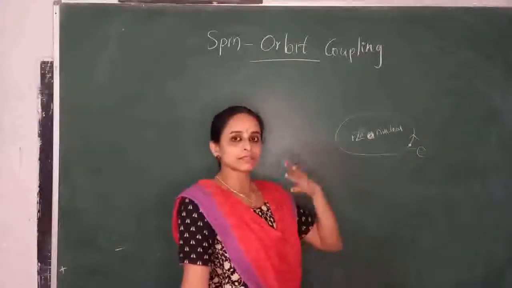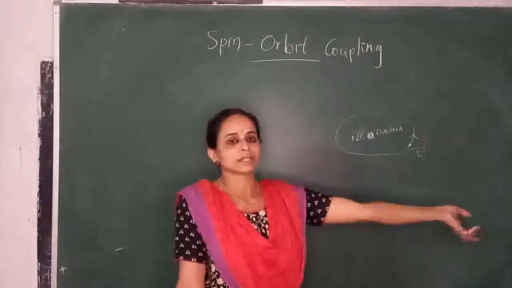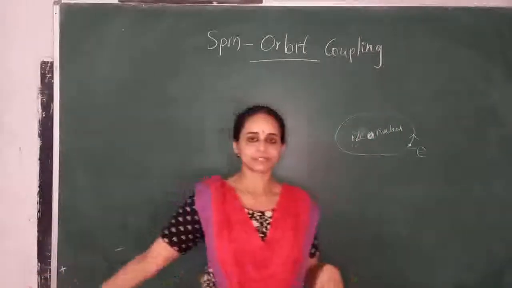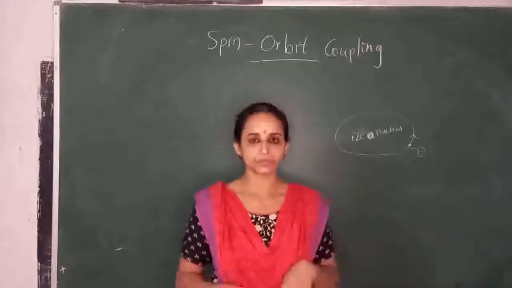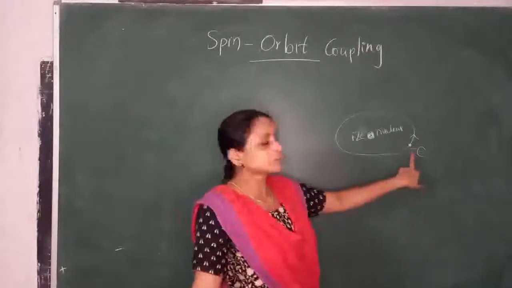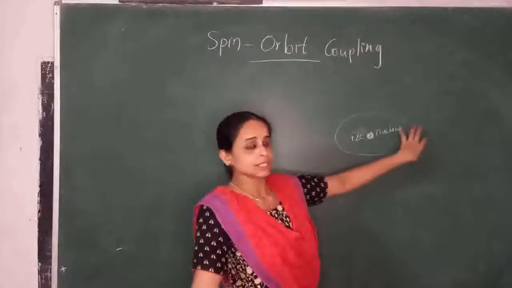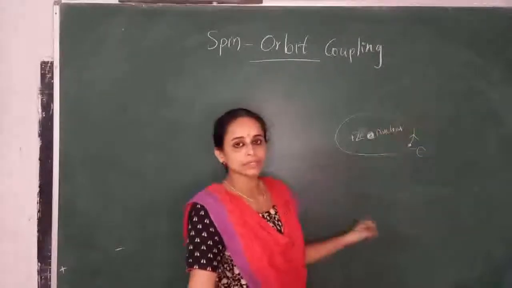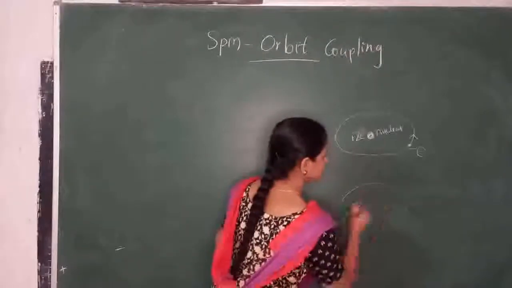Similarly, we see the sun rising in the east and setting in the west, so we feel that the sun is revolving around the earth. From the frame of reference of the electron, the nucleus is revolving around the electron. That is another picture, from the frame of reference of this electron.